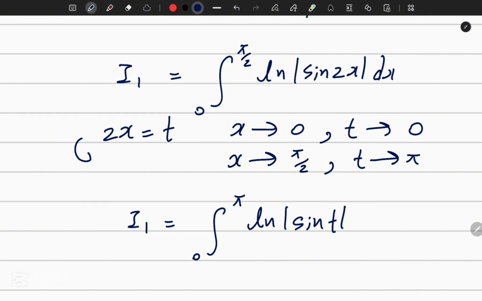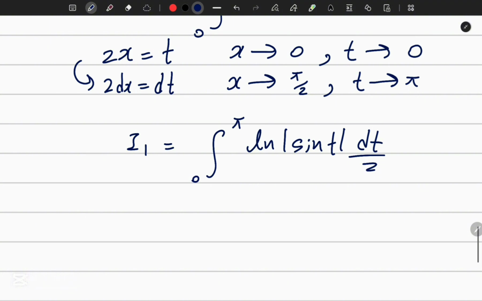Here 2 dx equals dt, so dx equals dt over 2. So I1 is 1 over 2 times the integral from 0 to π of ln sin t dt.